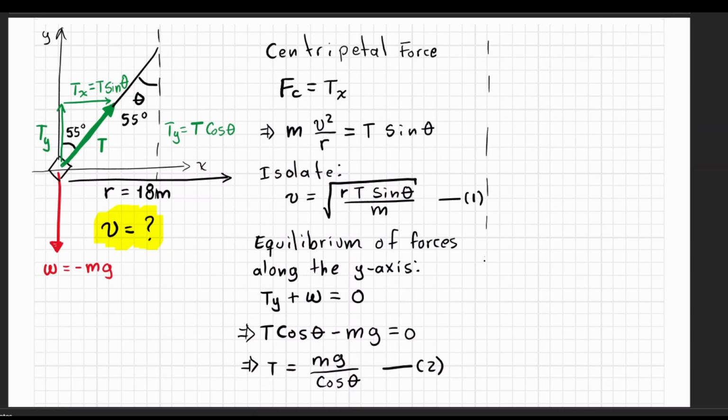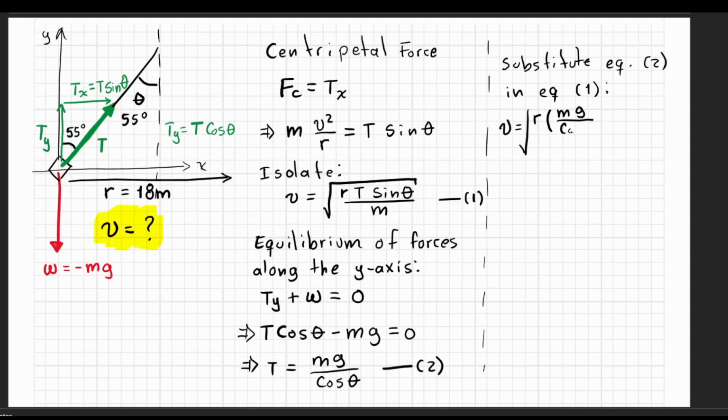And to find the velocity, we will substitute the tension from equation 2 in the formula for the velocity, which is equation 1. So we have velocity, square root, the radius. Now, instead of the tension, we use equation 2, and this is multiplied by the sine and divided by the mass.